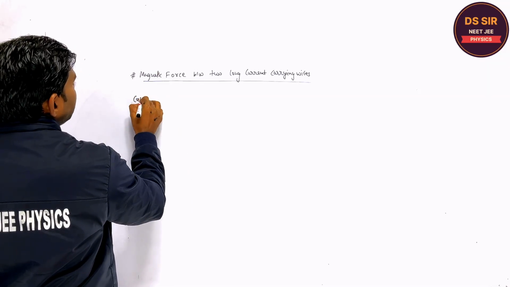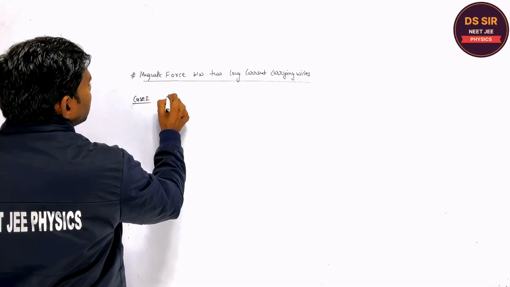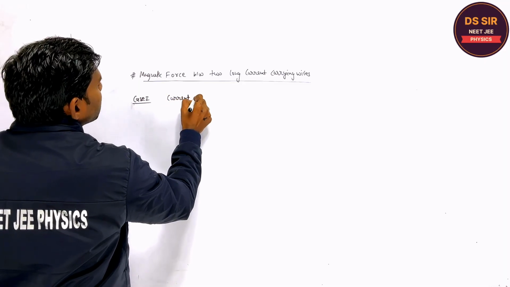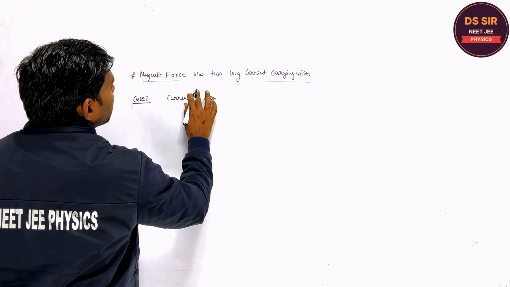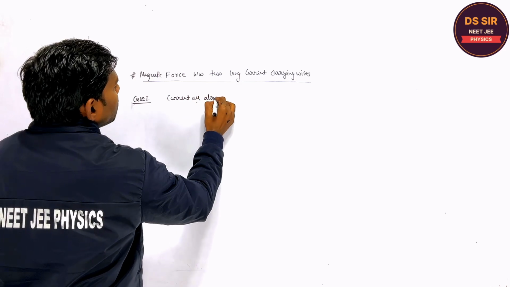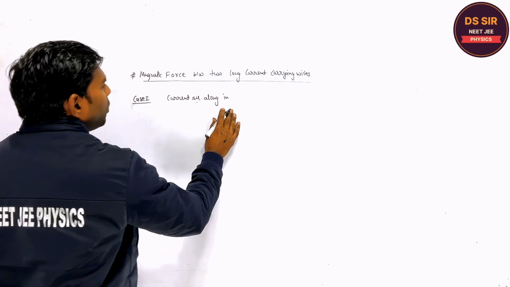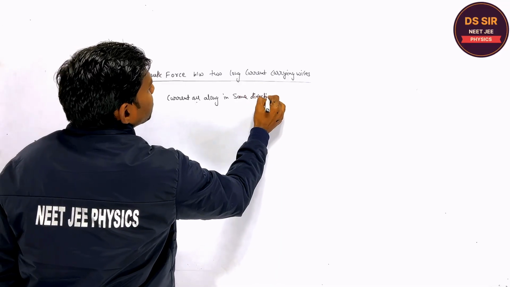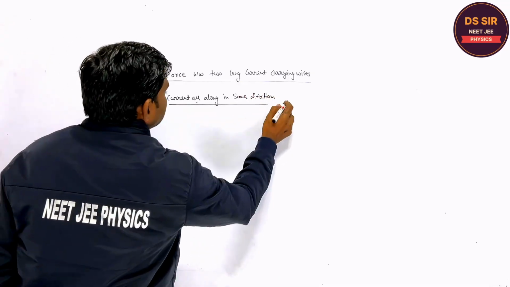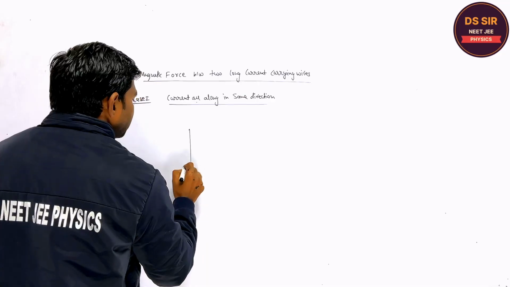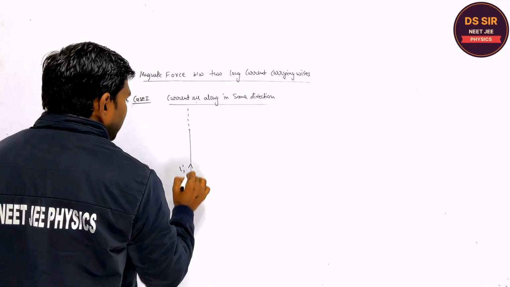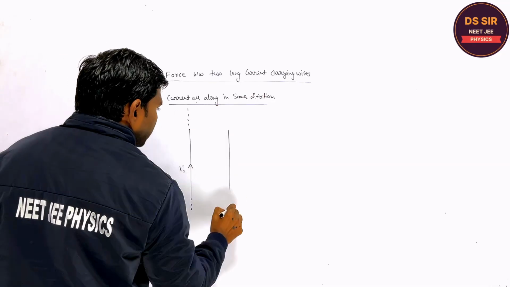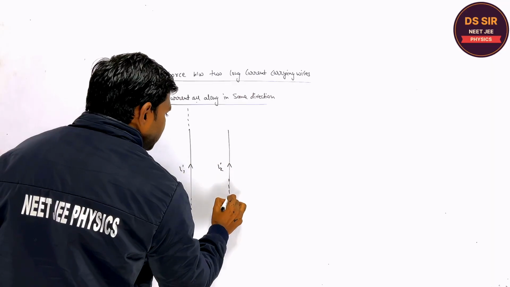The case 1, what is that? Currents are along the same direction. For example, if this is the wire, it carries the current I1, and the another wire carries the current I2.